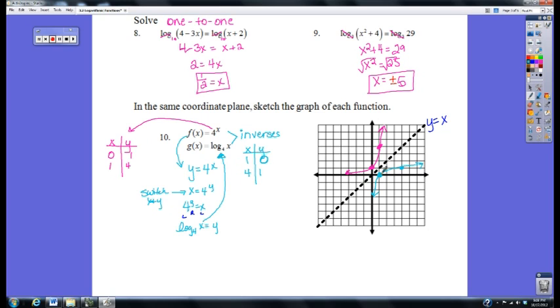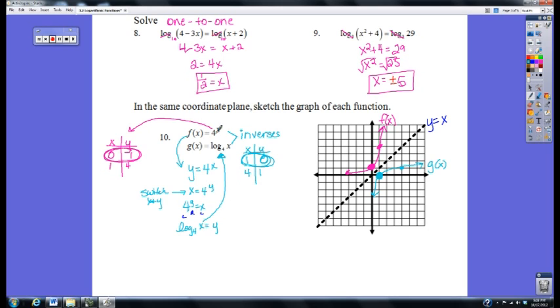This point right here, (1, 0), is very, very important on your logarithmic graph, just like the point (0, 1) is very important on your exponential graph. So I'm making them really fat, making them stand out here on your examples. This is your f of x graph, and this is your g of x graph.